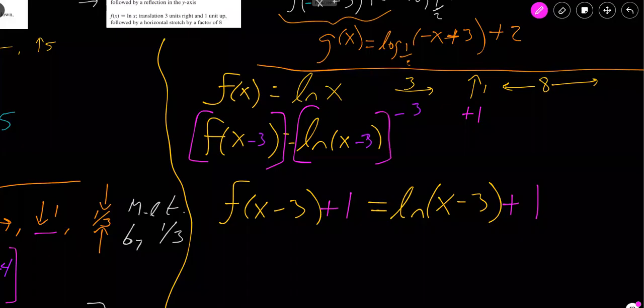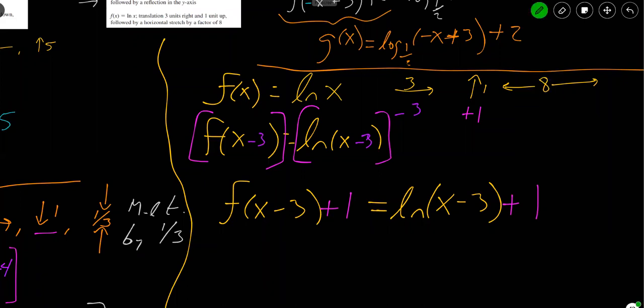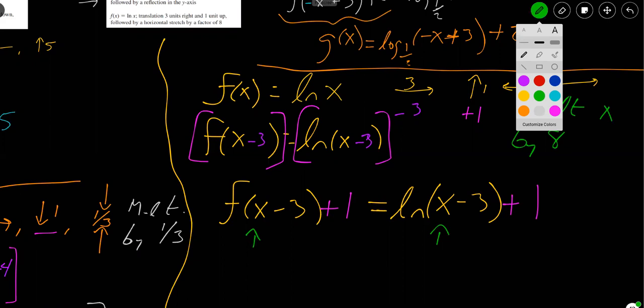All right, one more thing to do. Vertical stretch by a factor of 8. Okay, so that means I'm multiplying the x by 8. So I've got to find my x value. Well, there's my x value. I'm just going to multiply that by 8.